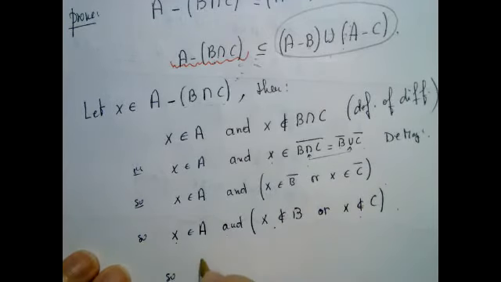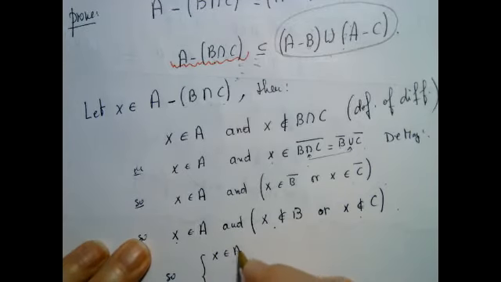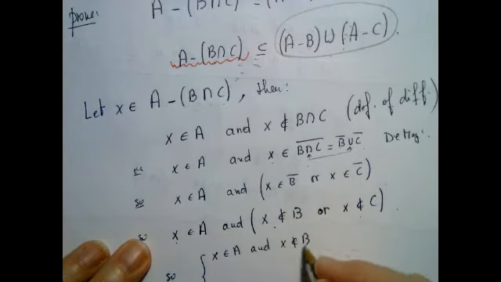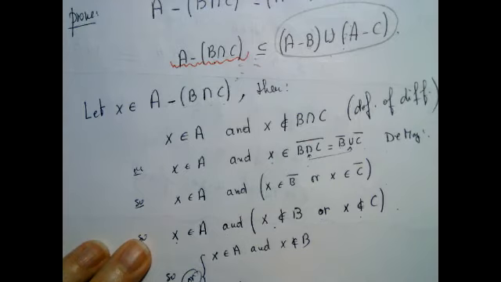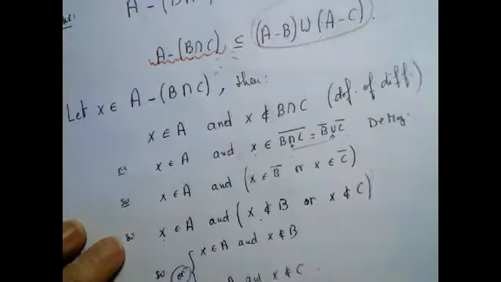So now, if you want, you can split two cases. Either X is in A and X not in B, or X is in A and X not in C. So that's really where my X is.